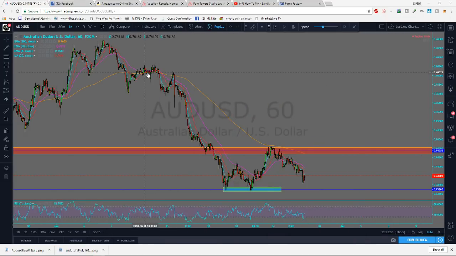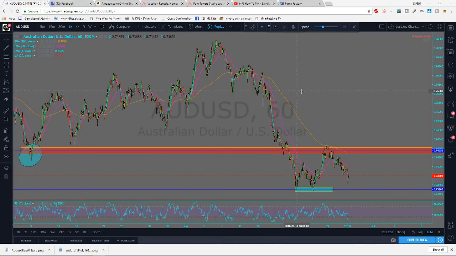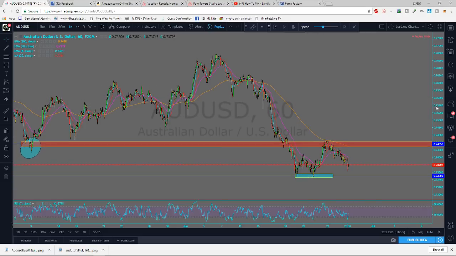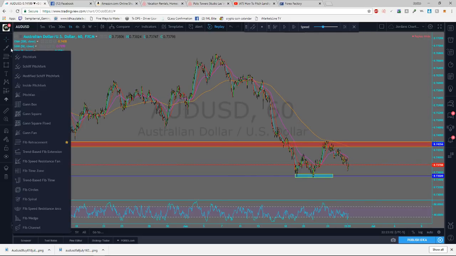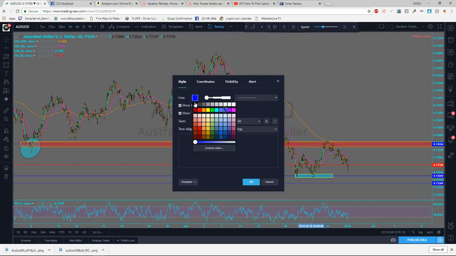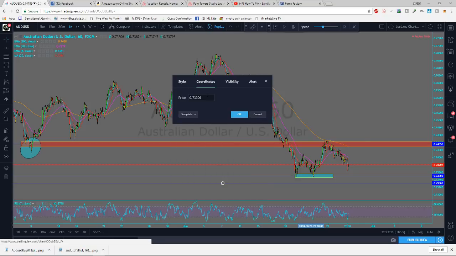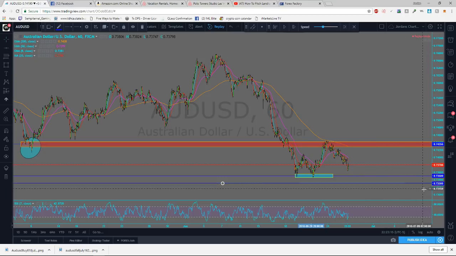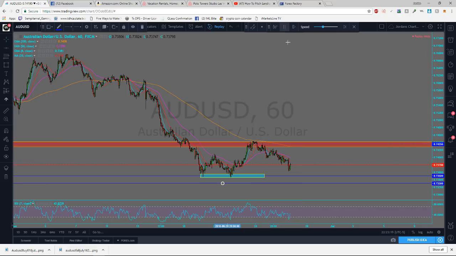So now knowing that, off that very last daily candle, price didn't go below 73300. So if we were to put a buy limit there, let's see what happens.